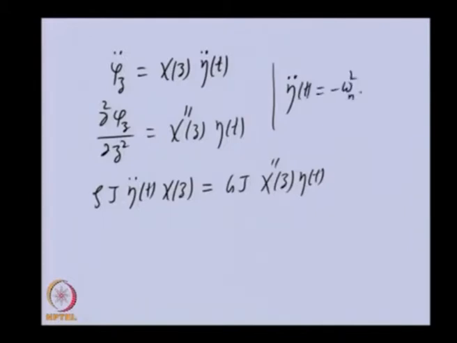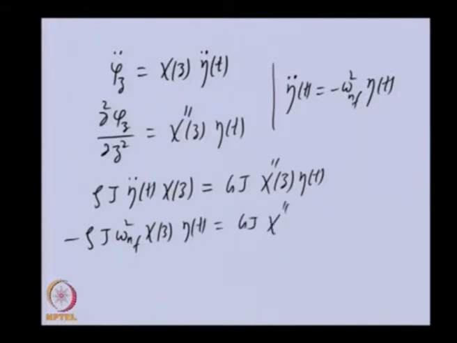This is the condition of the harmonic motion, and if we substitute this here, we will get rho J minus omega square n f and chi z eta t is equal to G J chi. So you can see that this chi will be common and it will get cancelled.